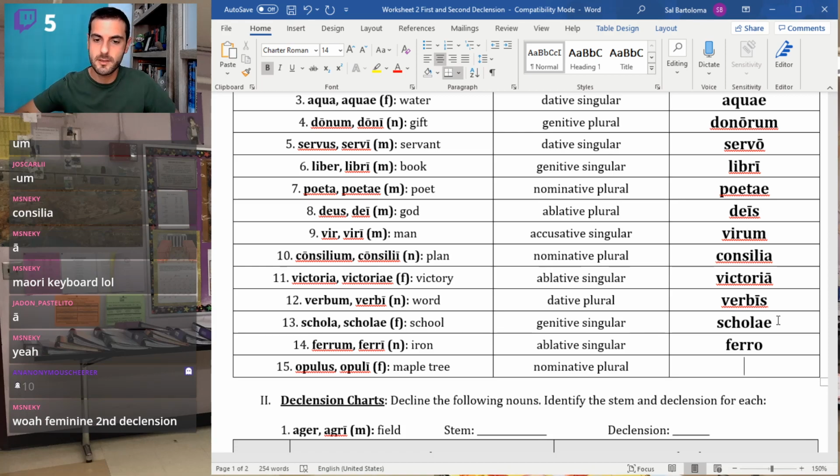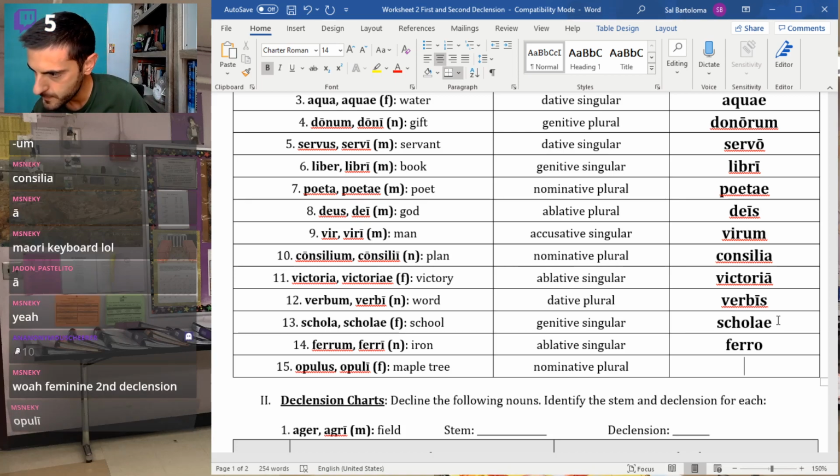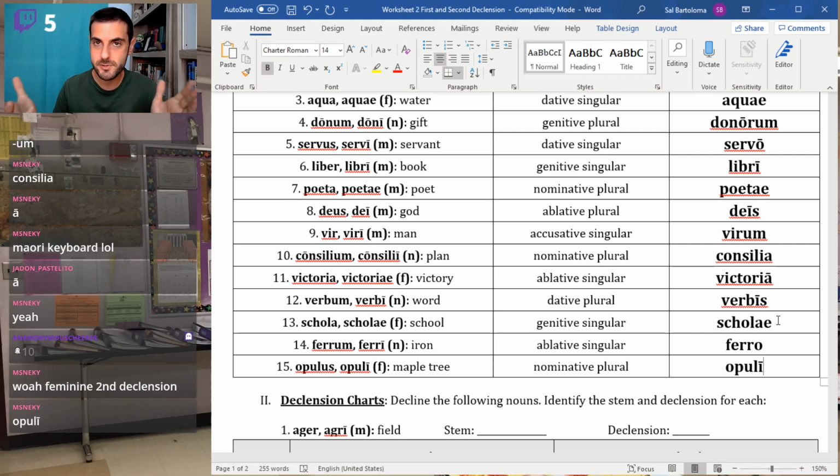So what would my nominative plural form be for opulus? Opulus would be opuli. So if you had many maple trees, you would have multi opuli, right? It's still going to be opuli.